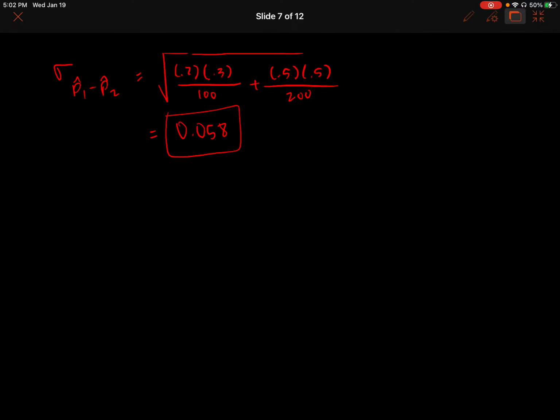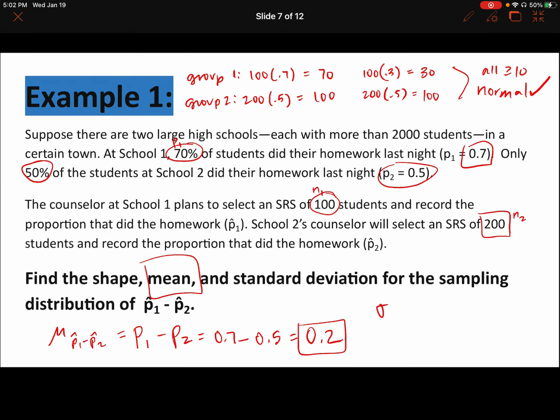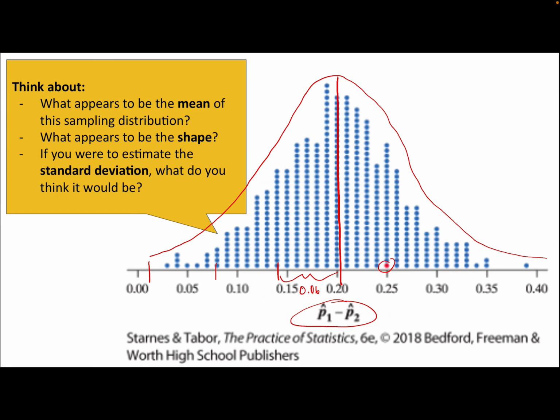So there's my standard deviation for the difference in the two sample proportions for our sampling distribution. So I'll just put that here since I did the work over there. If I compare that to what I had estimated, it is roughly normal. I had said my mean looked to be around 0.2, which was the mean we got from the formula.